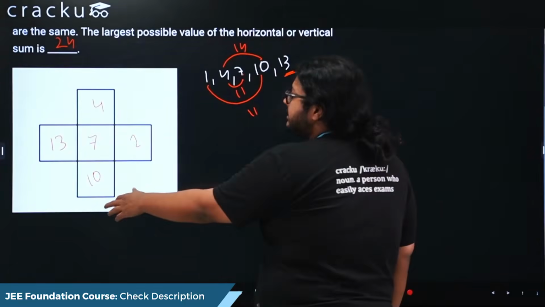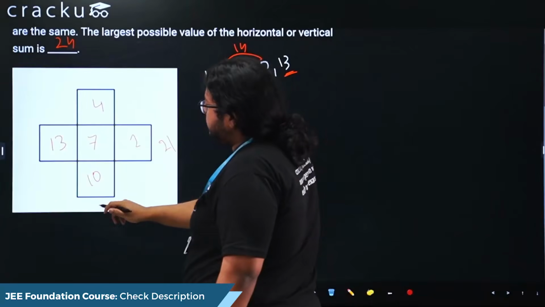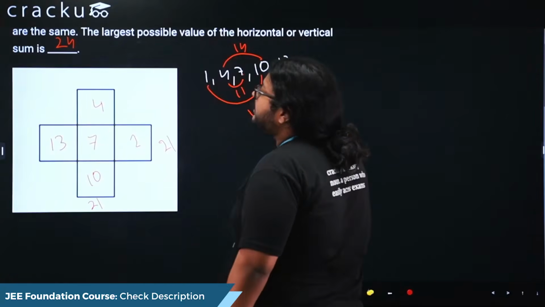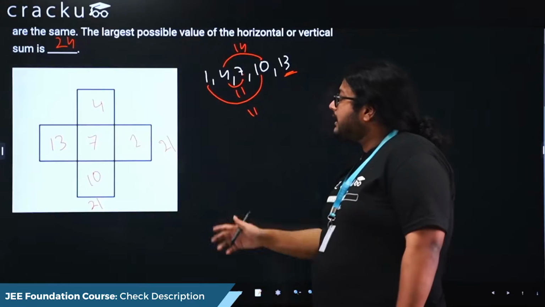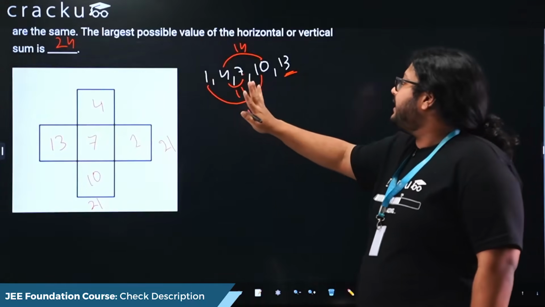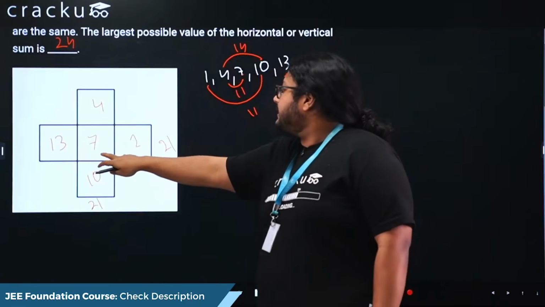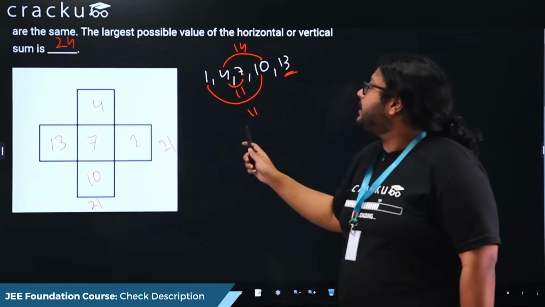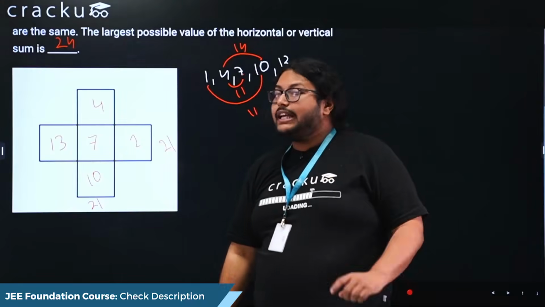In this case also, if you see, this is 21. This is also 21. So the sum remains the same in this case as well. And there will be one more case as well, if I had placed 1 in the center, in that case also I would have gotten 10 plus 7, 17, and 13 plus 4, 17. So that is not the point.